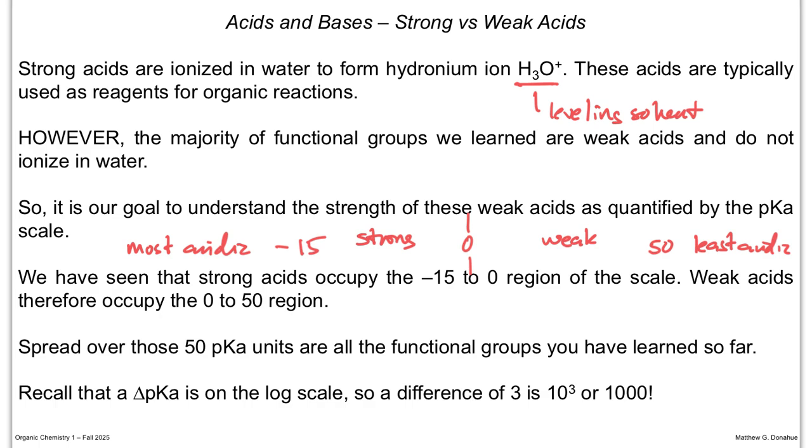So we're reporting basically whole number integers, but the difference between one pKa unit, since it's a log scale, is 10 to the nth power. So there's a massive difference between any one unit on the pKa scale. From 0 to negative 15, those are strongly ionizing. Typically, they form hydronium. And then from 0 to 50, that's everything else.